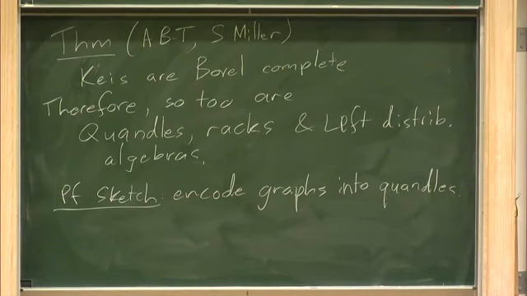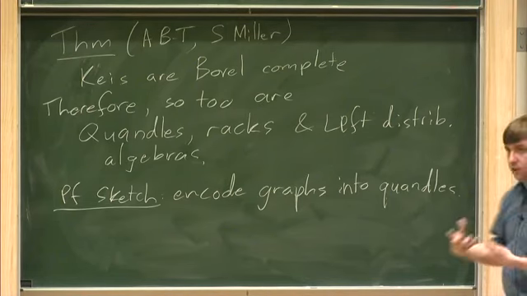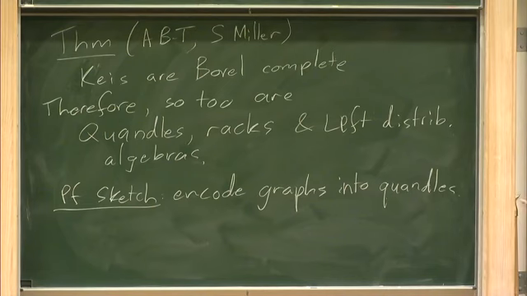So we have a way of taking any graph and constructing a quandle, in particular constructing a K from it, and then because graphs are Borel complete, so are Ks, and so are quandles and racks and left distributive algebras. So how does this encoding work?